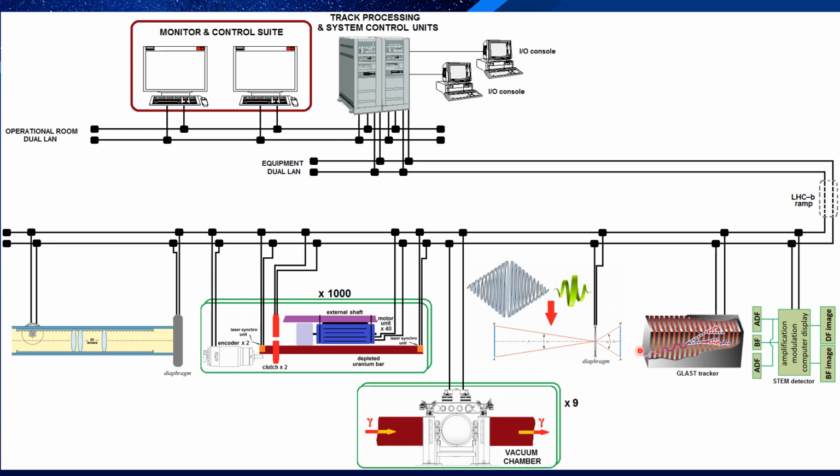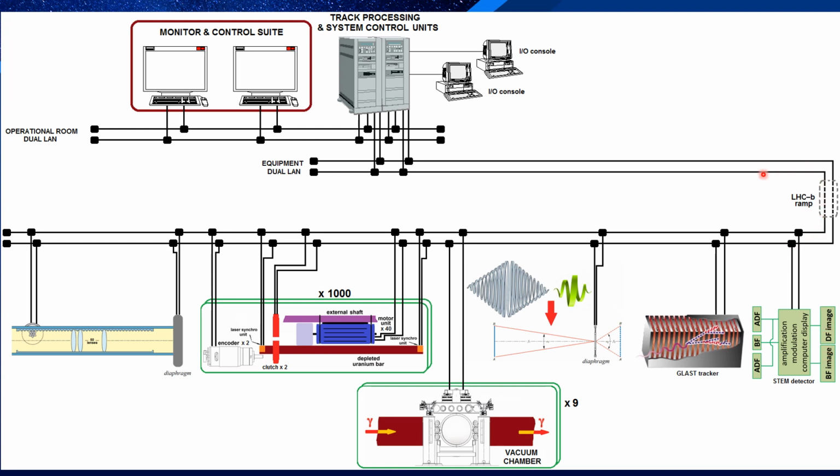A magnifying system lets us get radiation deflection up to 1 picometer, to a level that can be detected by a glass tracker working in conjunction with a stand detector that produces gamma rays, and that lets the gamma rays be detected by a BF image and a DF image.